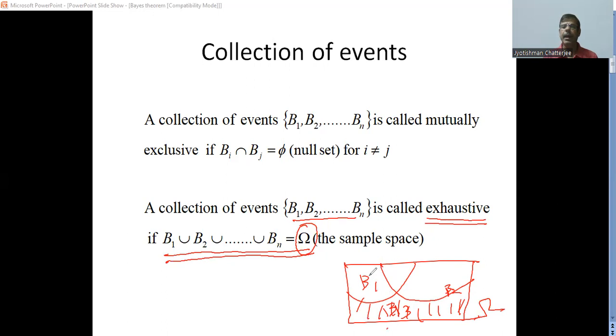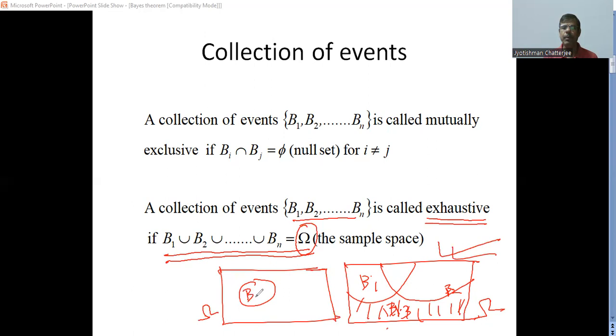You see, the union of B1, B2, and B3 gives the whole sample space. So this is exhaustive. However, if you have B1 and B2, and suppose B3 is this, then they do not cover the whole sample space. So this is not an example.